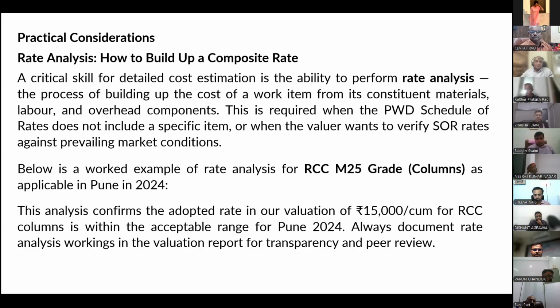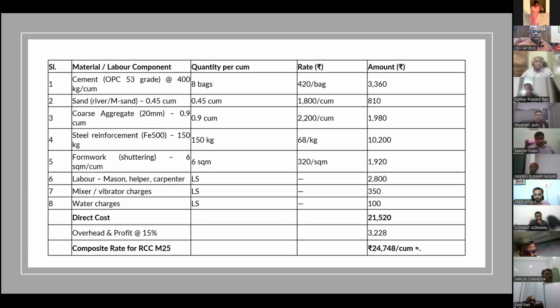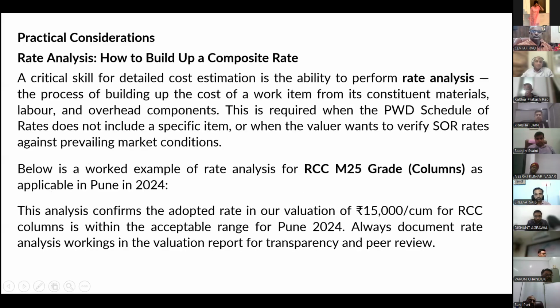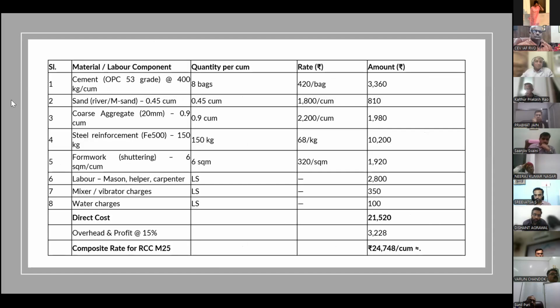So we will be taking an example how this analysis of rate is done for an M25 grade of concrete, which we have used in the columns. So you know how it is calculated. Cement, we are using a OPC 53 grade, but nowadays OPC 53 grade cement is not available.